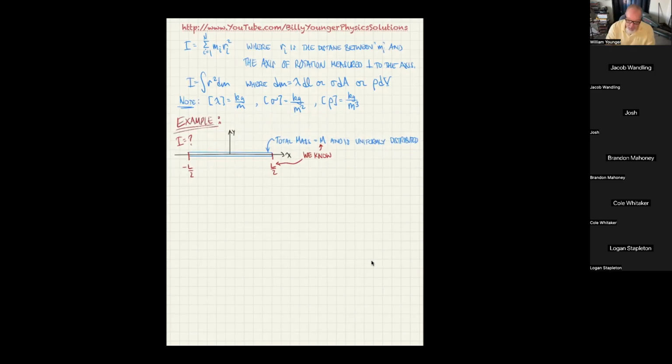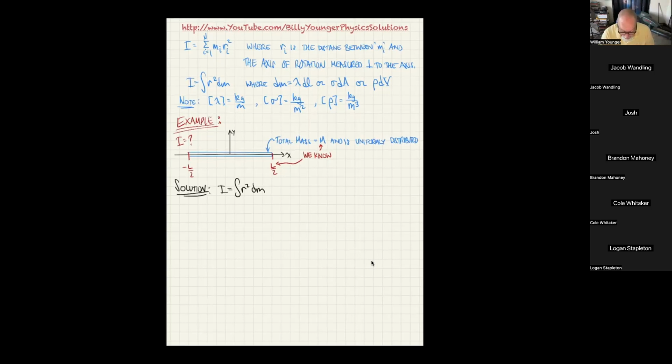Okay. So the formula for the moment of inertia is this. So here's our solution. I'm going to use I is equal to the integral of r squared dm. I took time, at least in the discrete version, to write exactly what r sub i is.